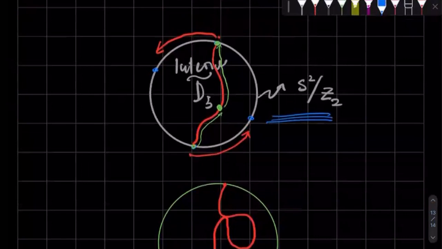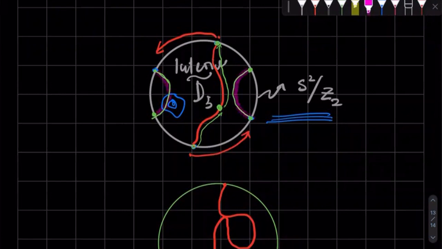But there's another kind of curve. We also, of course, have this curve, which can always be shrunk to a point. But we have another curve which comes out of this point, goes here, but this point is this point, comes out here, but this point has an antipodal point here, goes over here, right? So this is another curve. Let me just highlight this.